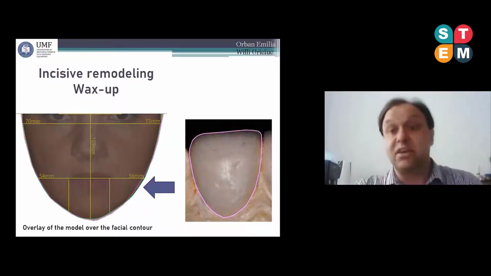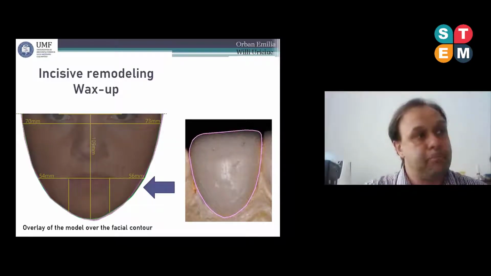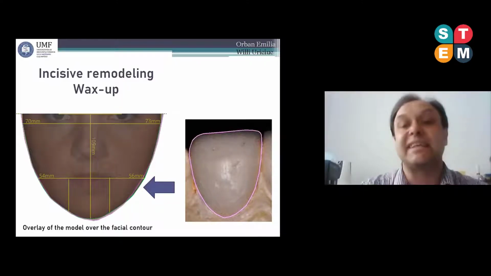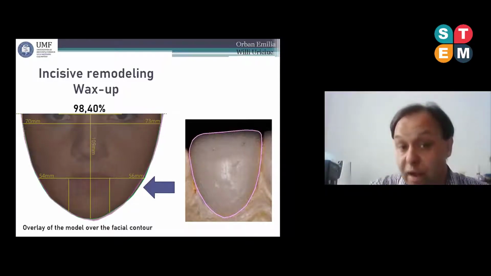We also try to satisfy his expectations, because the patient is waiting for the final reconstruction, and we try to do it very well.